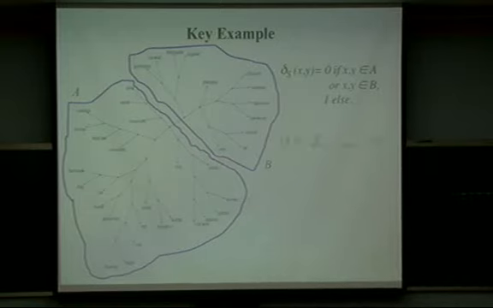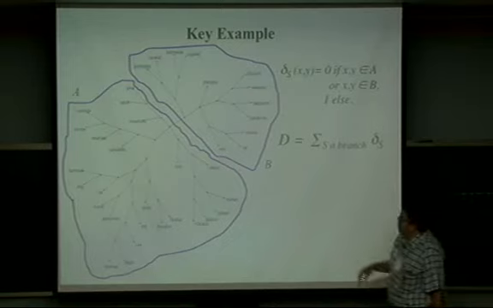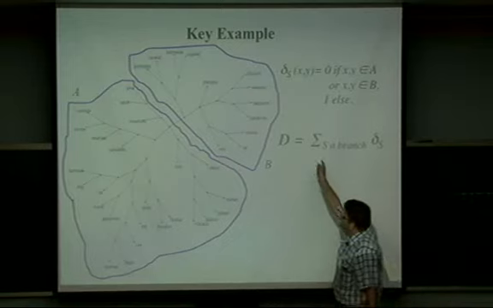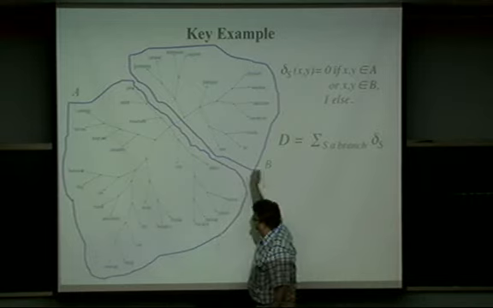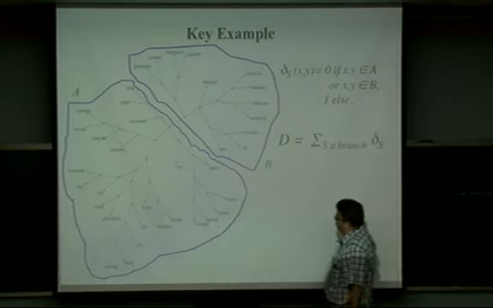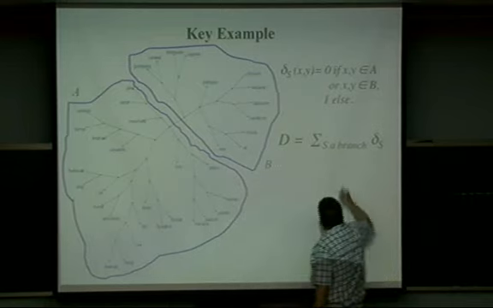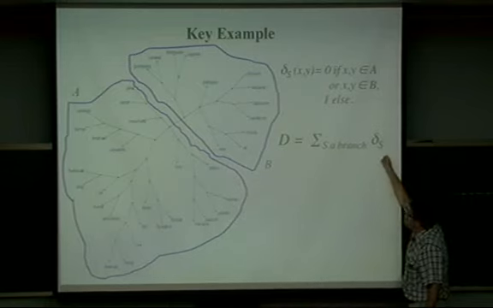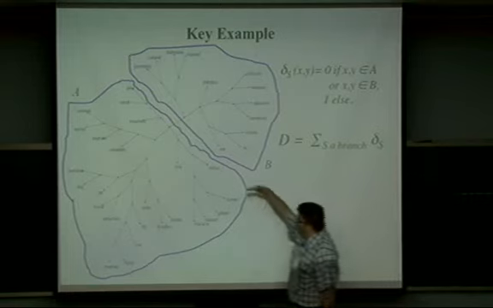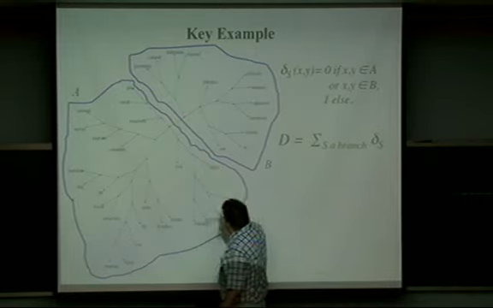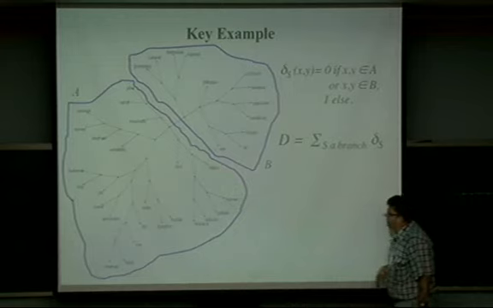And then if you have a tree metric, you can show that the metric on the tree is the sum of the split metrics from the branches like this one. So for every branch we get a bipartition, and then we do the same thing for every bipartition.